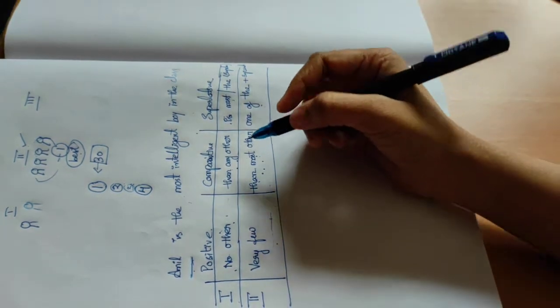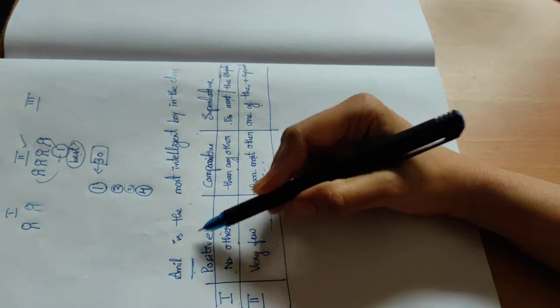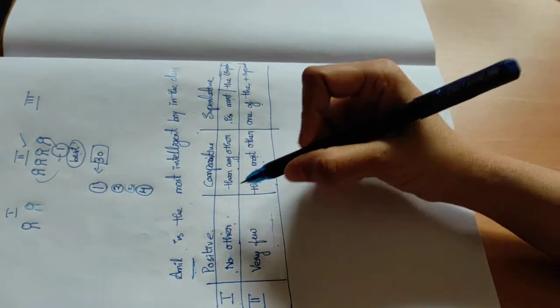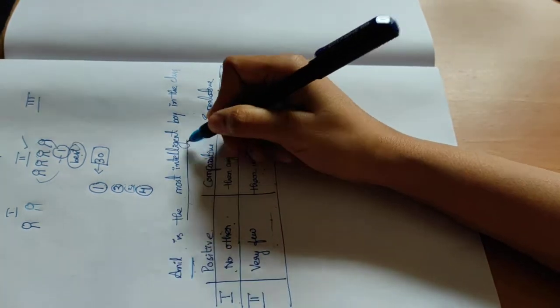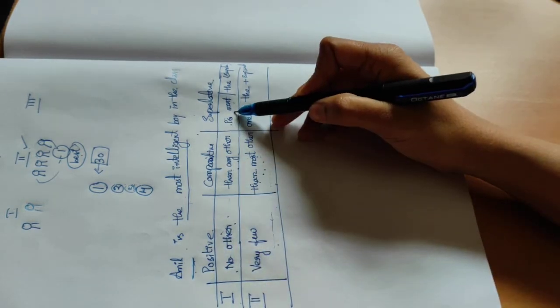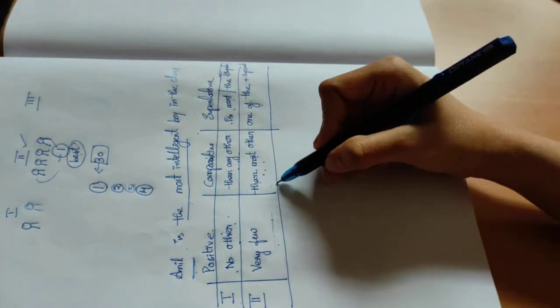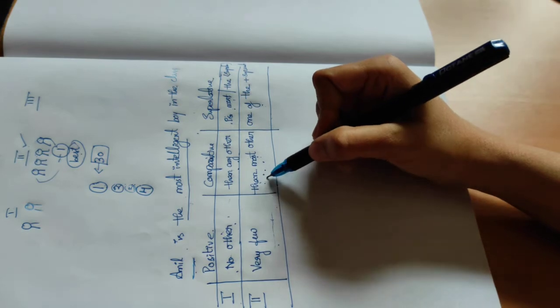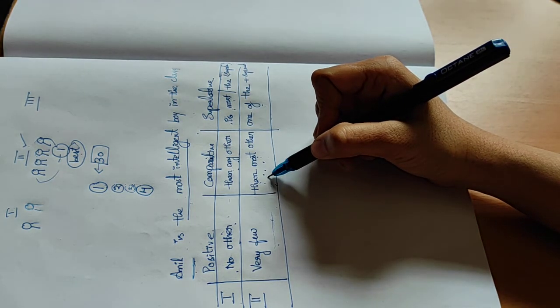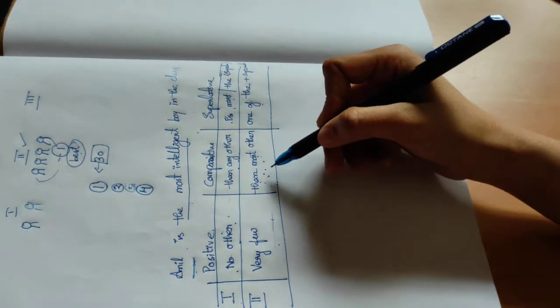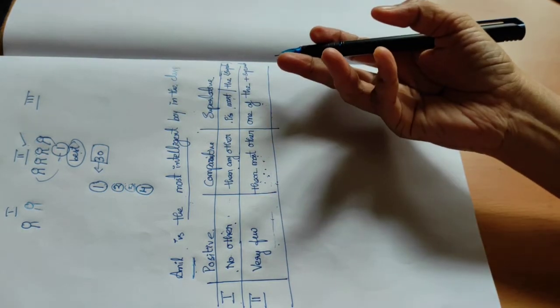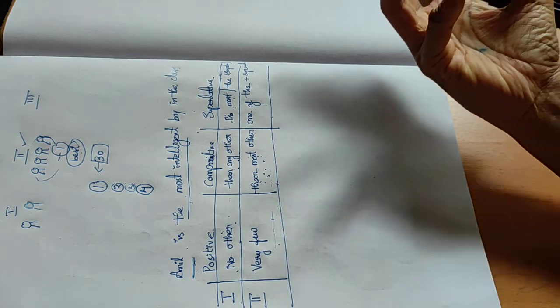Got it? If they have given an example like this, and you have written, for example, the superlative form of the first method, and if you have written this comparative form like "Anil is more intelligent than most other boys in the class," you will not get marks.